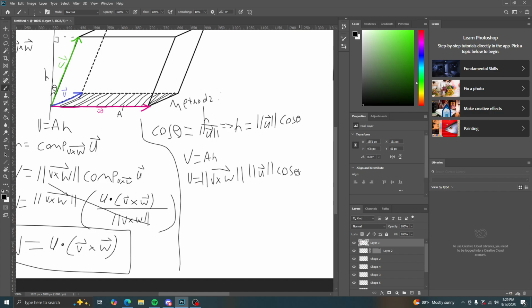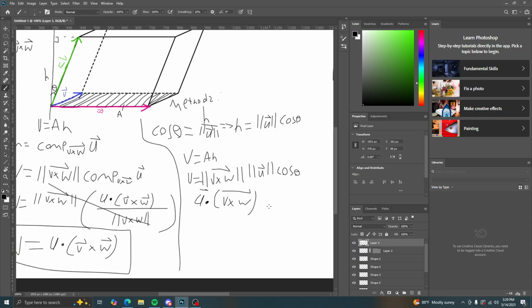And now, if you remember, this is the same thing as the definition of a dot product, as saying u dot v cross w.